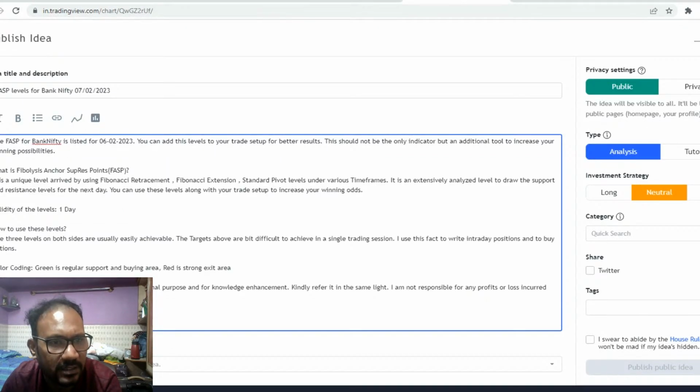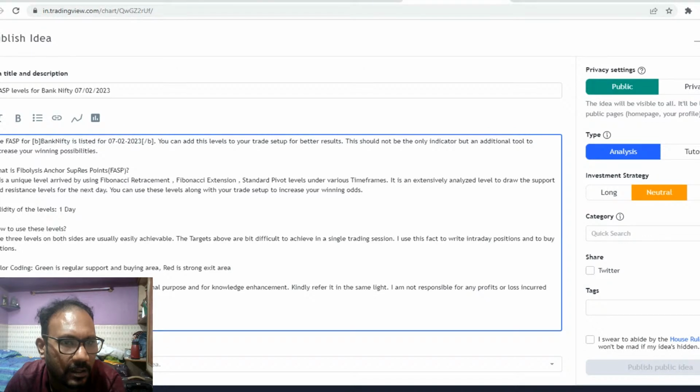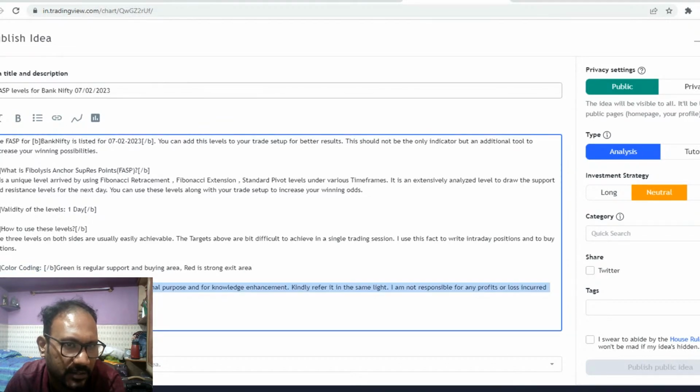I will copy this, and this is 07. And let's do all the bold. This is only valid for a day. That's right. Then how to use these levels and color coding and display. Perfect. I think it's good.